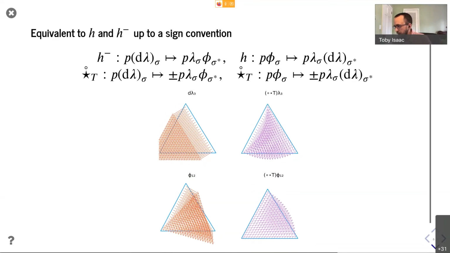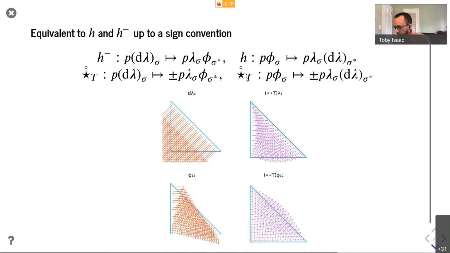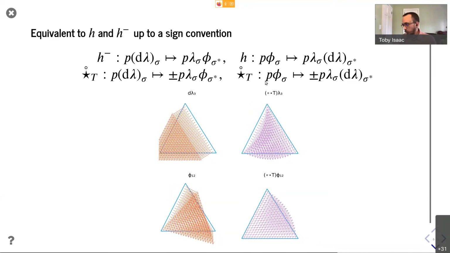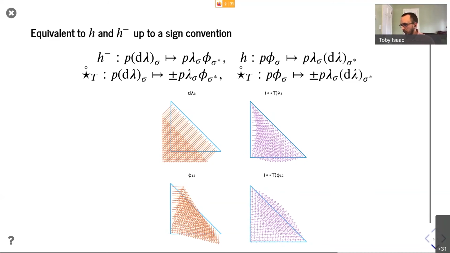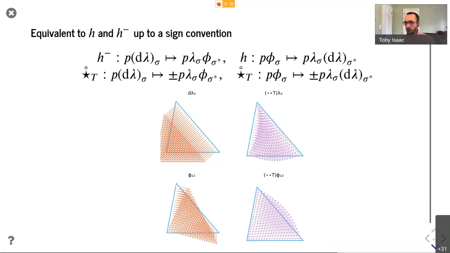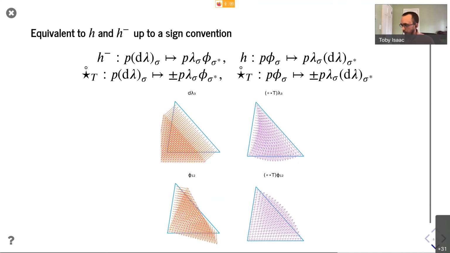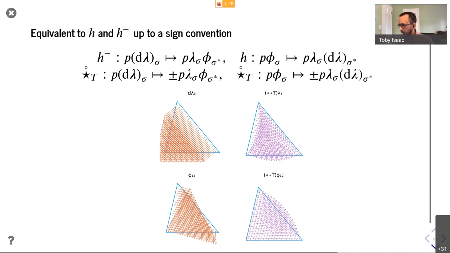And H took a Whitney form to a bubble barycentric form, and it turns out that the same operator, ring star, does too. So those two original H and H minus were essentially equivalent up to a sign. They were pointwise. It was just kind of obscured by the different presentations, as though they were distinct concepts. There's actually one single isomorphism at the heart of both of them.